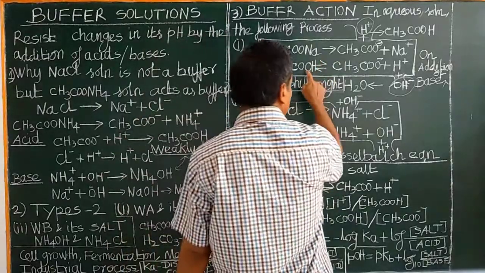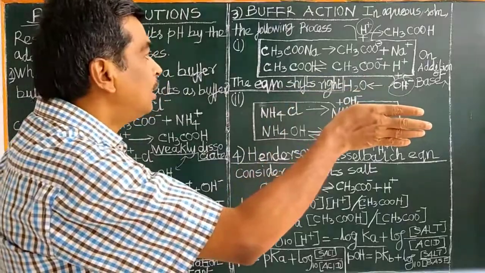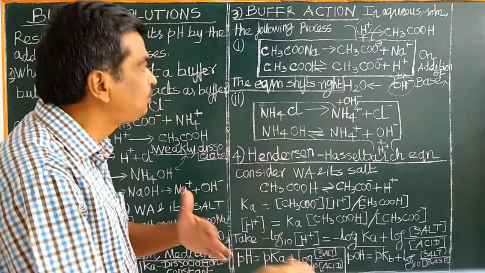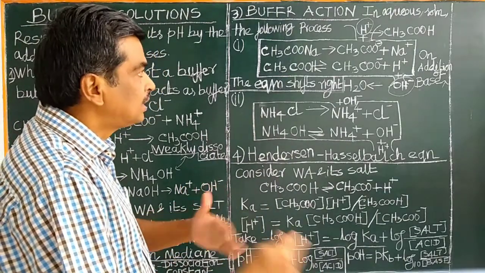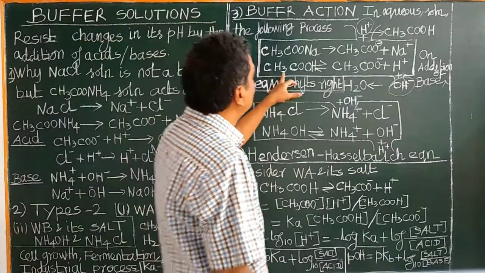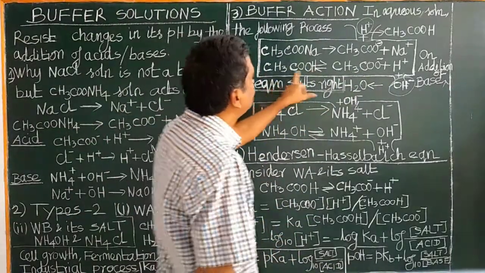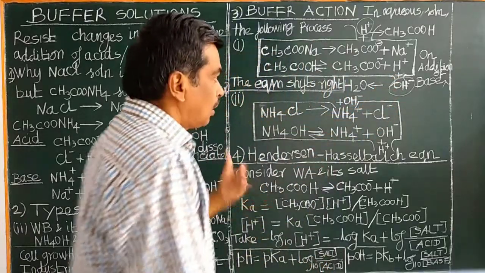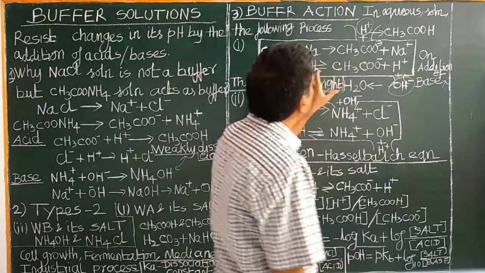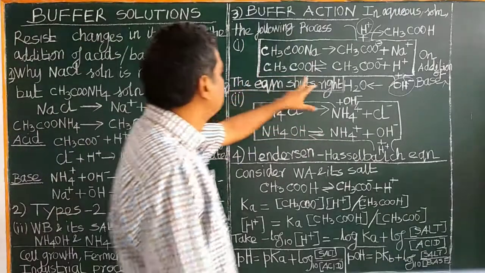Therefore, the equilibrium will shift towards the right, according to Le Chatelier's principle, in such a way that there is no change in the equilibrium constant. Therefore, the H plus ion concentration is maintained because of the equilibrium shifting towards the right.